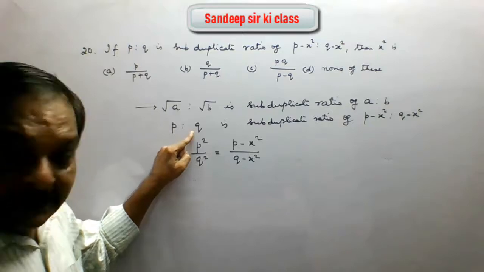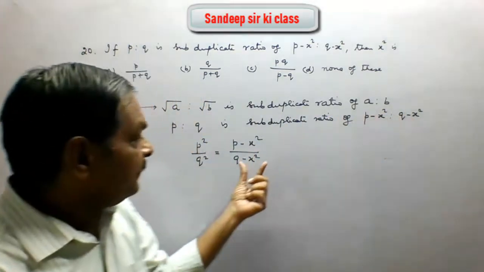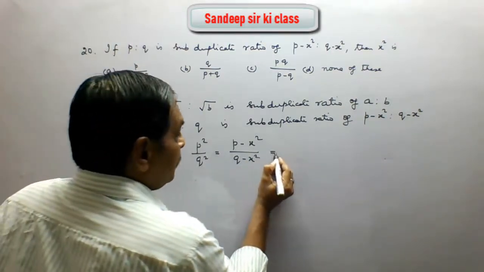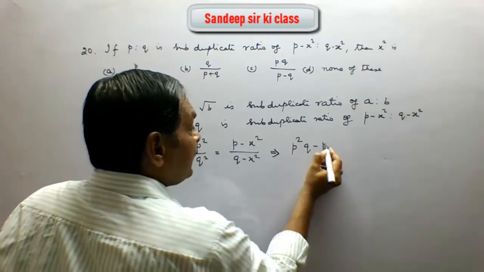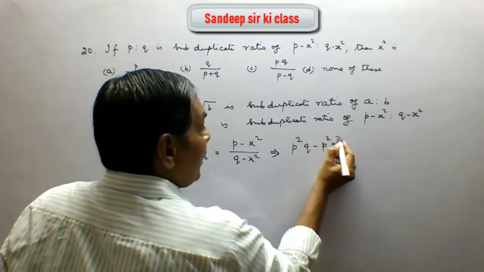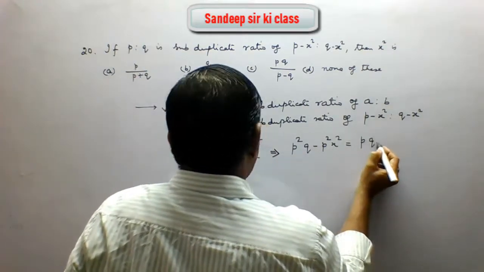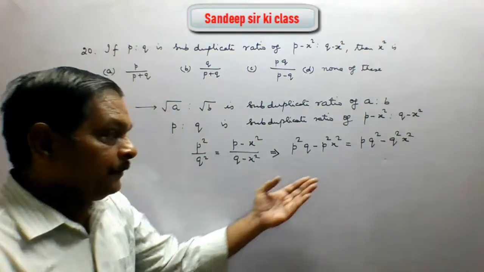I squared this, I obtained this. This is what has happened. Now cross multiply. So I get P square Q minus P square x square is equal to PQ square minus Q square x square.